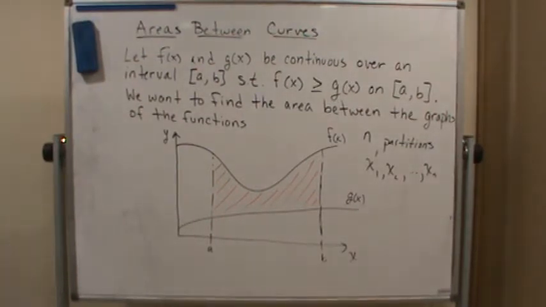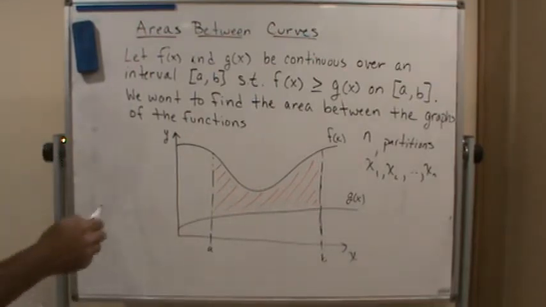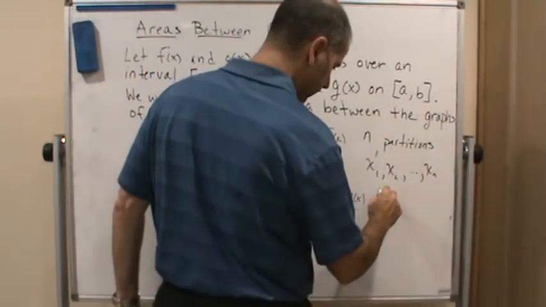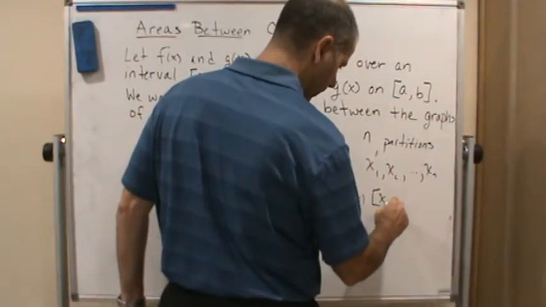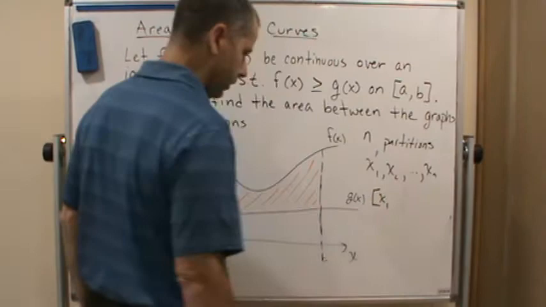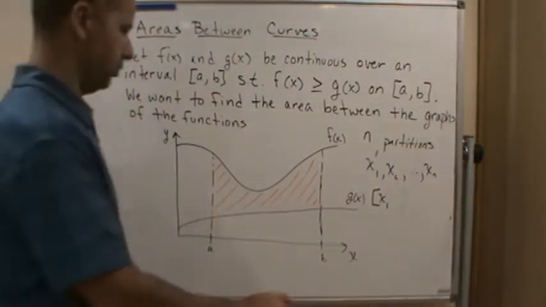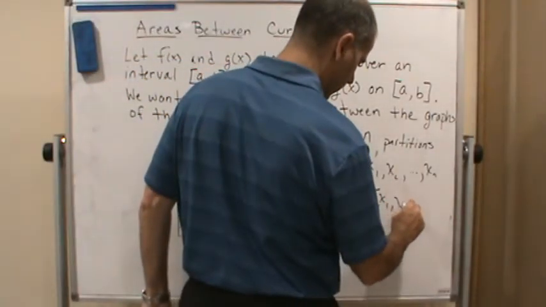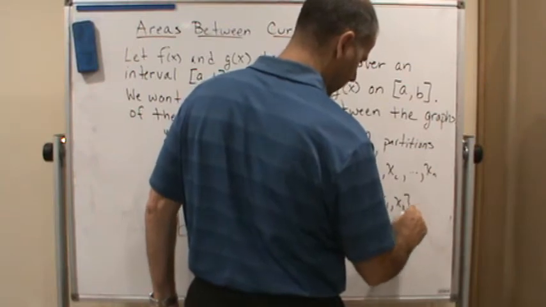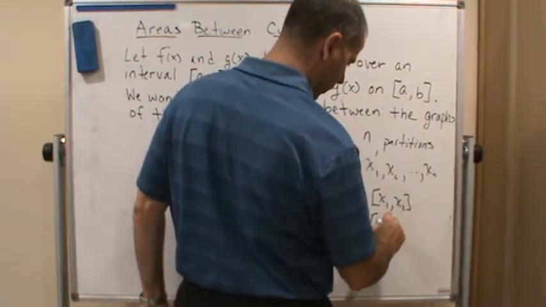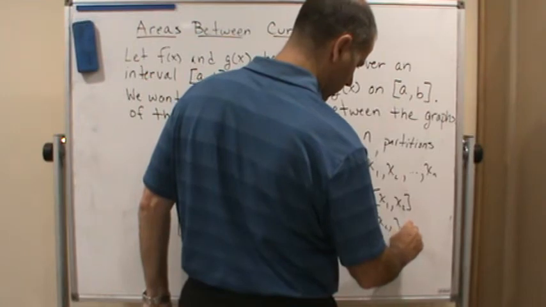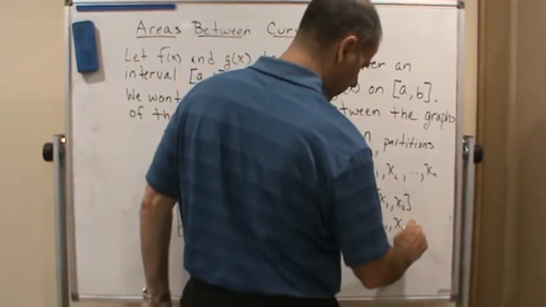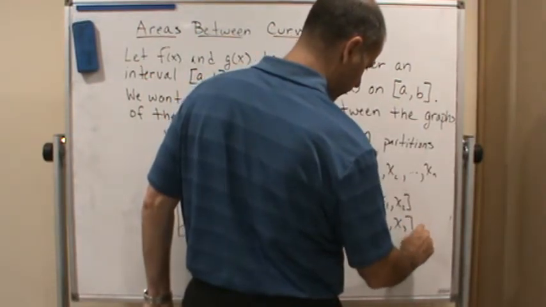Now, for each one of these x's, we're actually going to have a closed interval, so that will go from x of 1 to x of 2, and then another interval from x of 2 to x of 3.